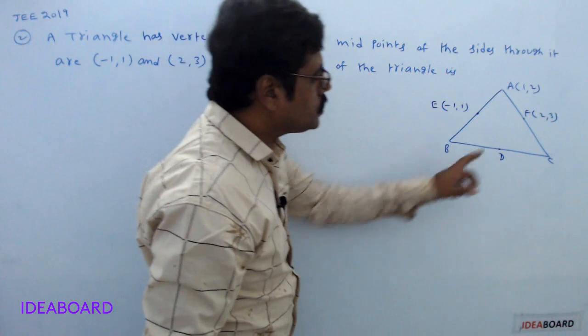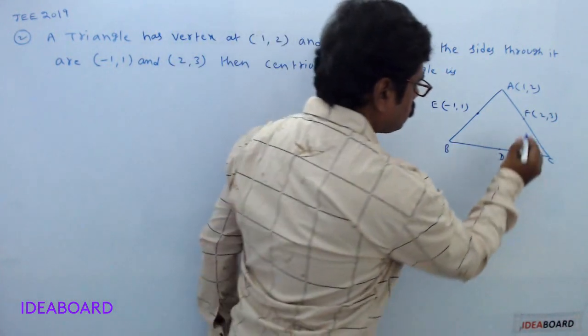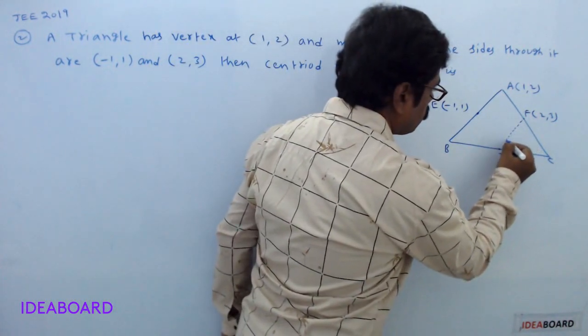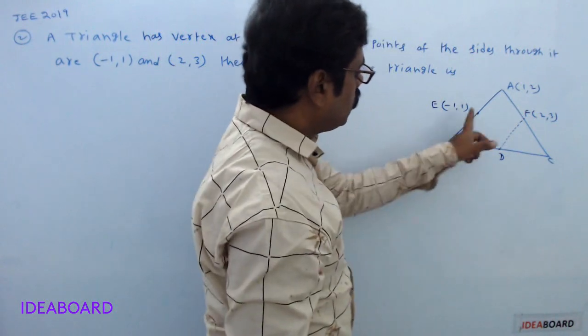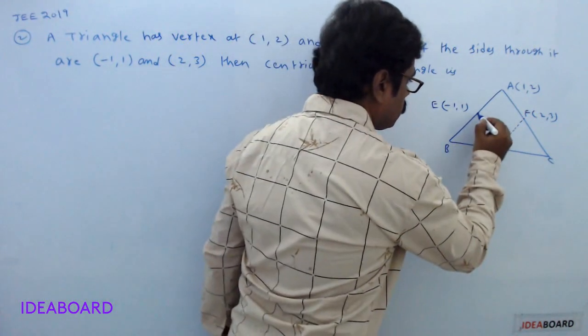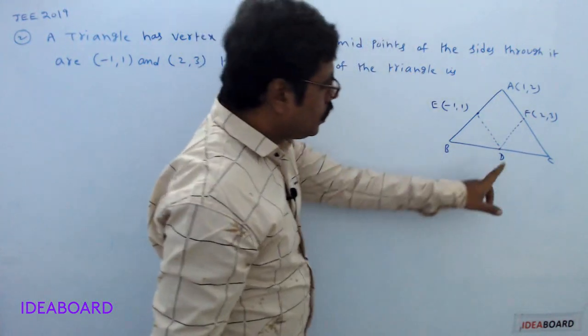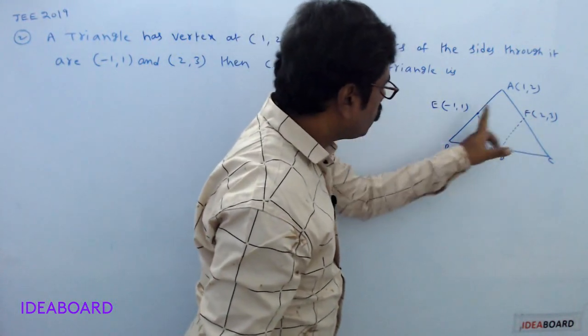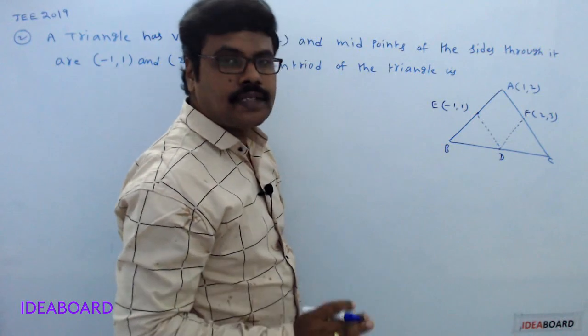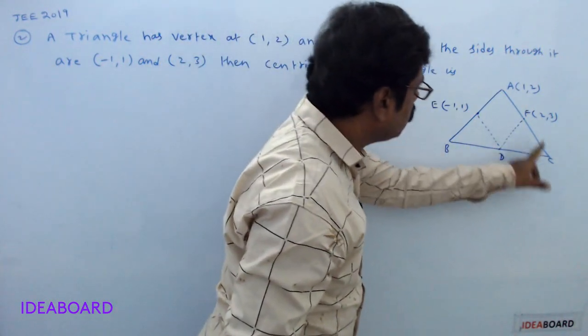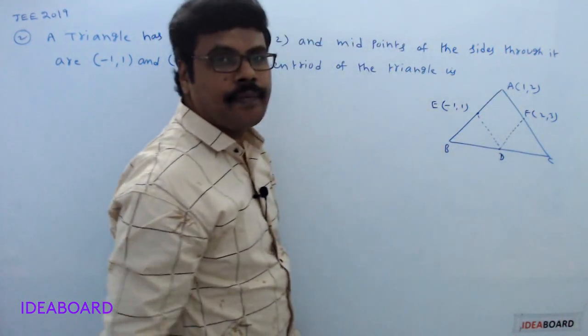Now connect the points D and F, and connect the points D and E. Here D, F, E are the midpoints of the sides BC, CA, AB.